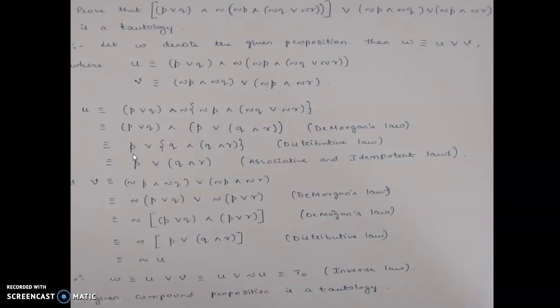Coming down to the next one, here by using the distribution law, whichever is common is taken out. The common one is P, P or Q and Q and R. So this is our distribution law.